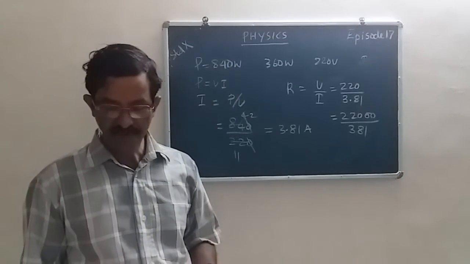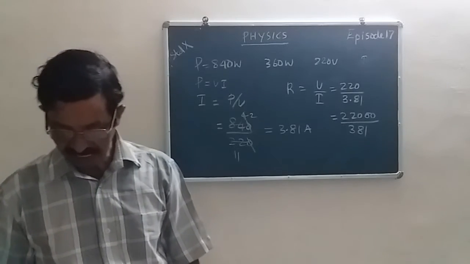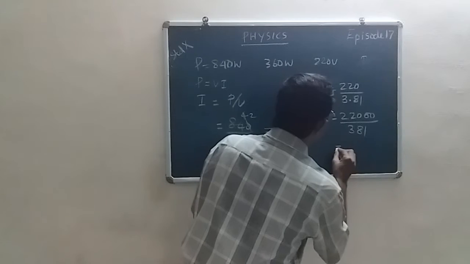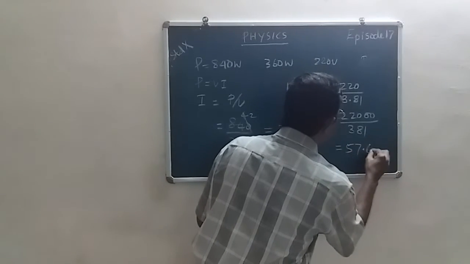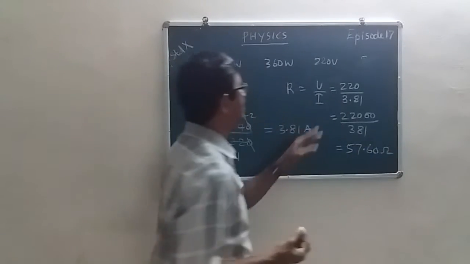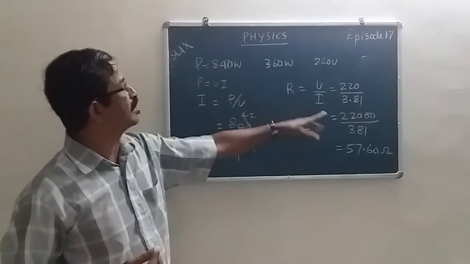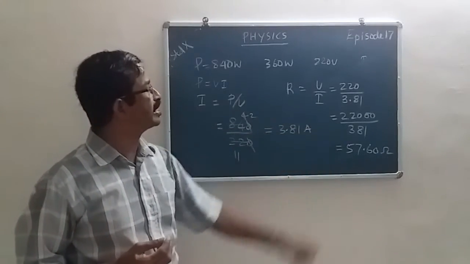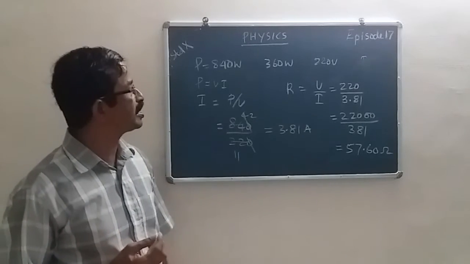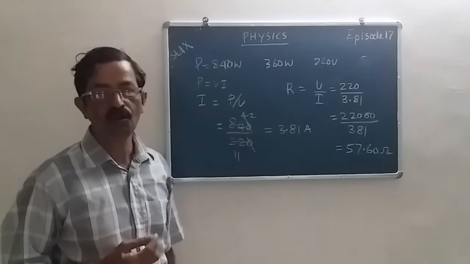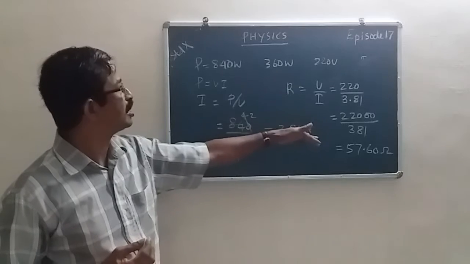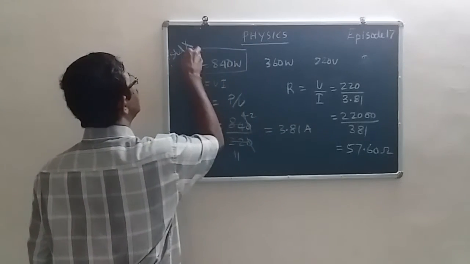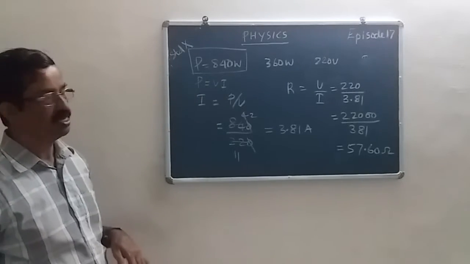When we divide this, we get 57.60 ohm. This is the resistance when the appliance consumes maximum power, that is 840.